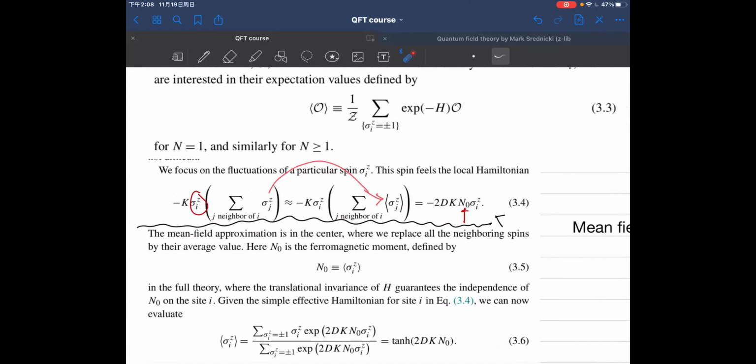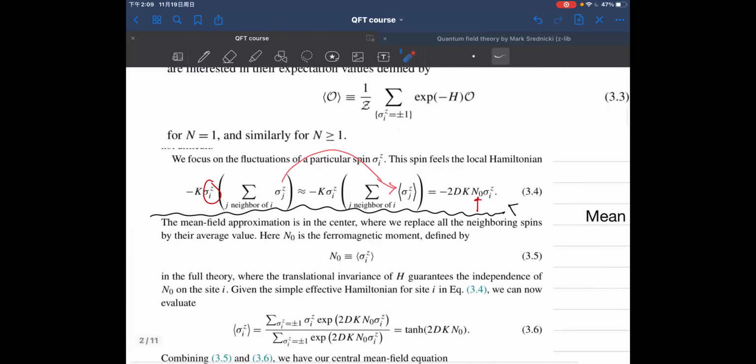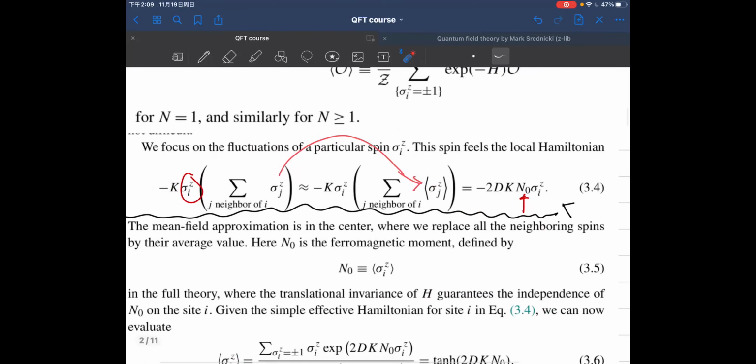Here we can do some very rough approximations. The first thing we can do is the mean field. The mean field may be very rough and not so good, but it gives us some insight to understand the physics. Suppose you are a spin at site i.